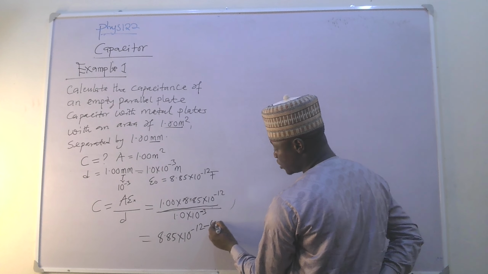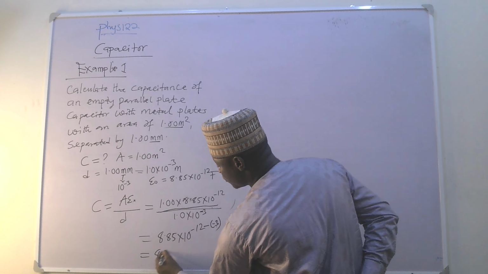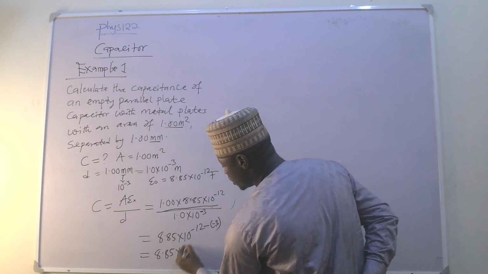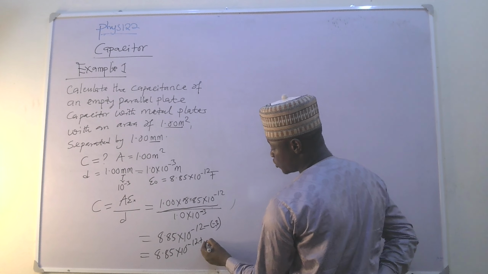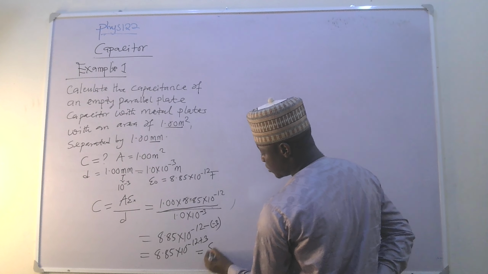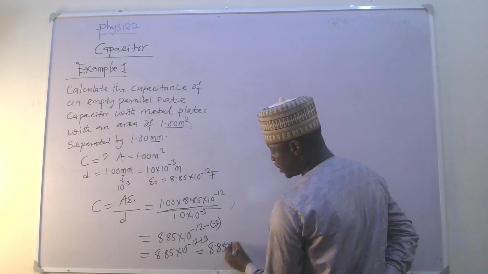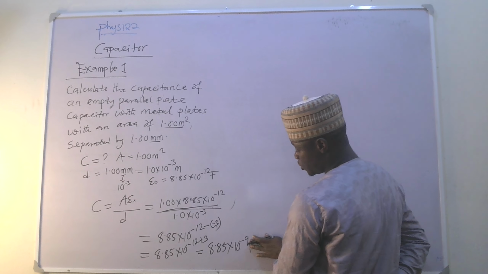So it already has its minus 3, it has a negative value. So it's going to be 8.85 times 10 raised to the power of minus 12, minus minus 3, and minus minus is plus. So therefore at the end we are going to have 8.85 times 10 raised to the power of minus 9.